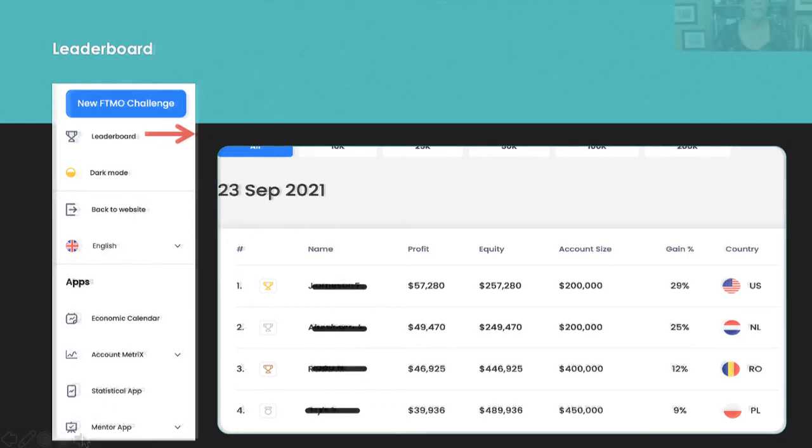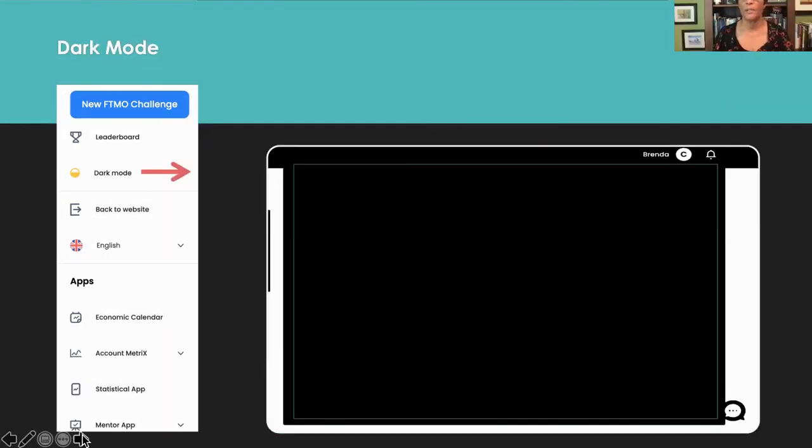So our next section here is dark mode. So they have like the best dark mode ever. You can't like see anything at all. I'm just kidding, guys. Just a little jokey joke right there. It's not that dark. The dark mode is like whenever you're on TradingView.